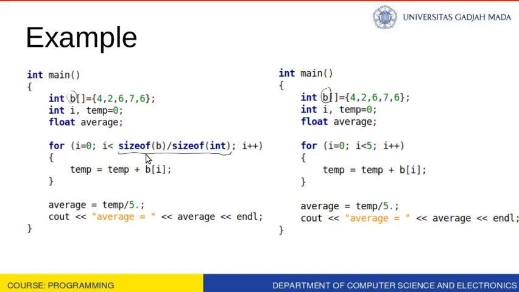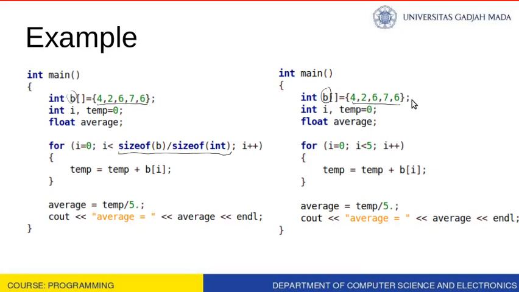It is flexible, which means that it's based on the size of this array. But here it is fixed or static. That is 5, because we have 5 elements in the array.